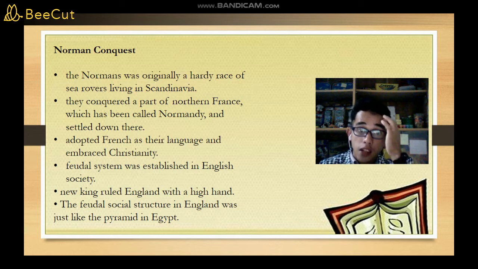During the feudal system, the peasants had become serfs. Serfs are agricultural laborers under the feudal system. They had no freedom, but they toiled all year round for the feudal landlords.